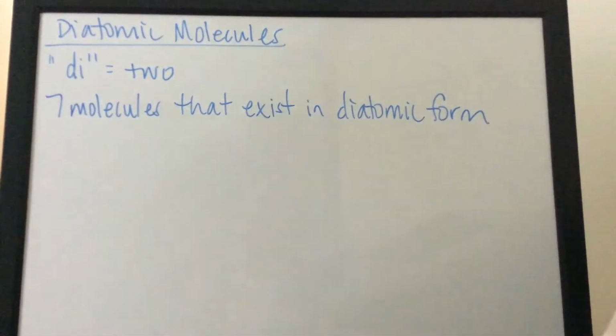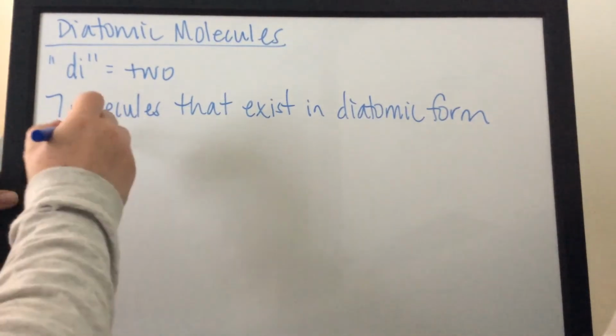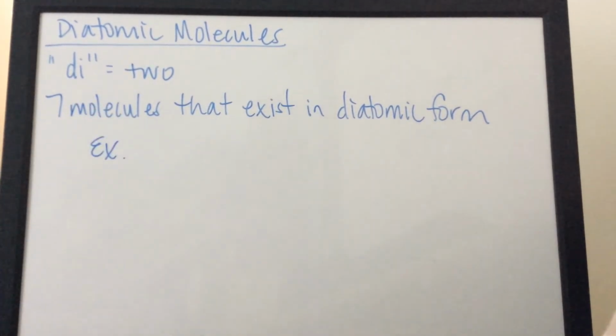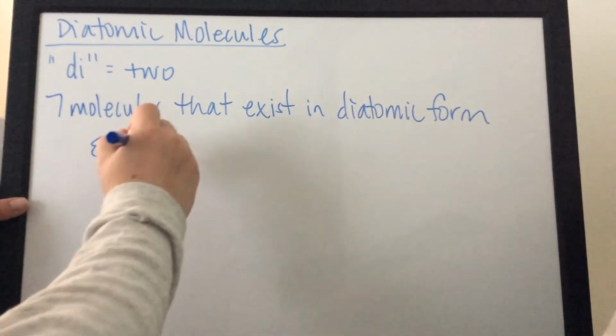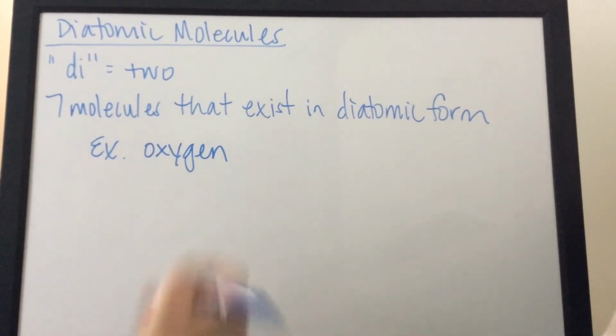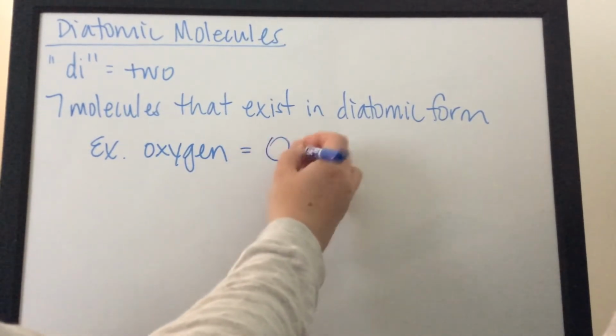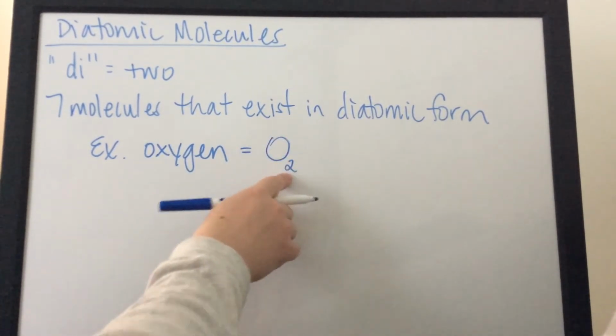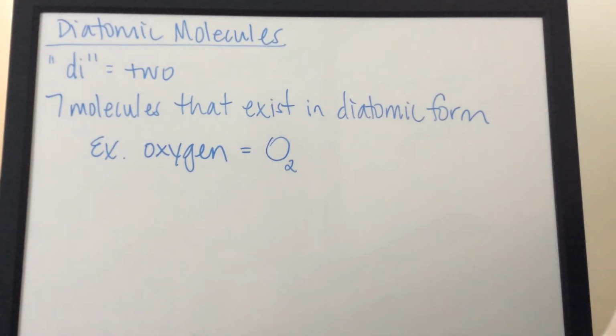That means there's 2 of them. The most common one that you might be familiar with is oxygen. When we talk about the fact that we breathe oxygen, we don't breathe O, because oxygen is a diatomic molecule. We breathe O2. That 2 is this whole idea of a diatomic. It means there are 2 oxygens stuck together.